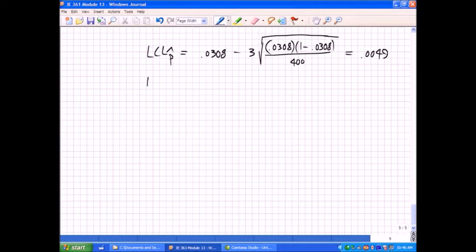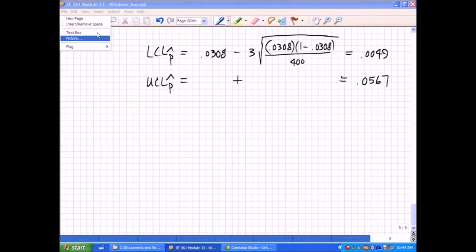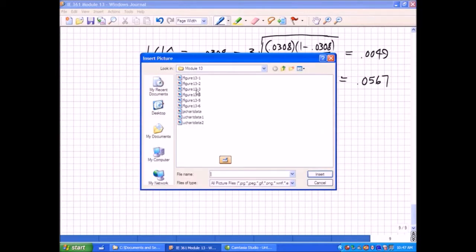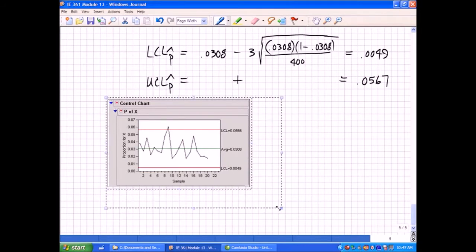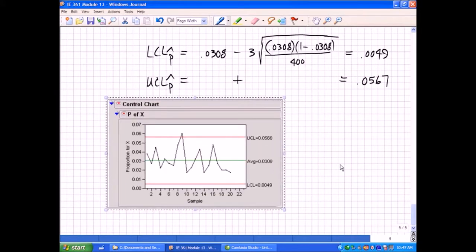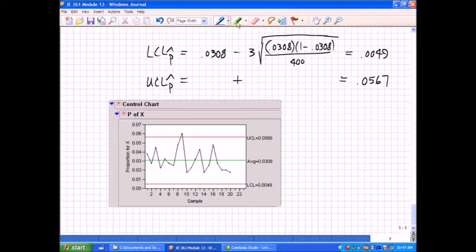that turns out to be 0.0049, and you can check that the corresponding upper control limit for p hat, which is that same thing with a plus sign there, turns out to be 0.0567, and there's really not a whole lot of difference between the appearance of the standards given chart that we've already seen and a retrospective control chart for this example.